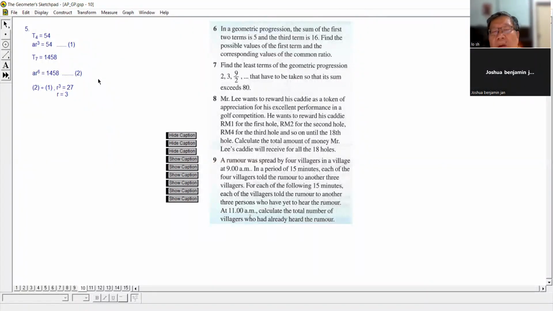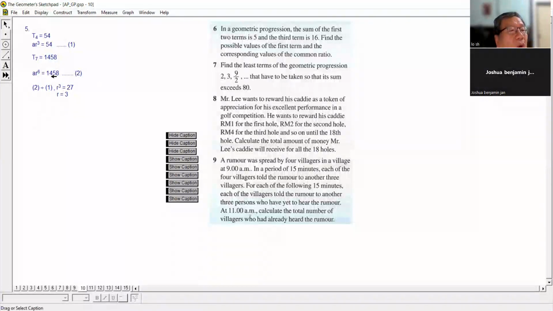Don't subtract. If it is arithmetic progression, you subtract. If it's geometric progression, you divide. So when you divide A with A, no more A. AR to the power 6 with AR cubed. 6 at the top, 3 at the bottom. Cancel, cancel. How much you have left? 3. So R to the power 3.